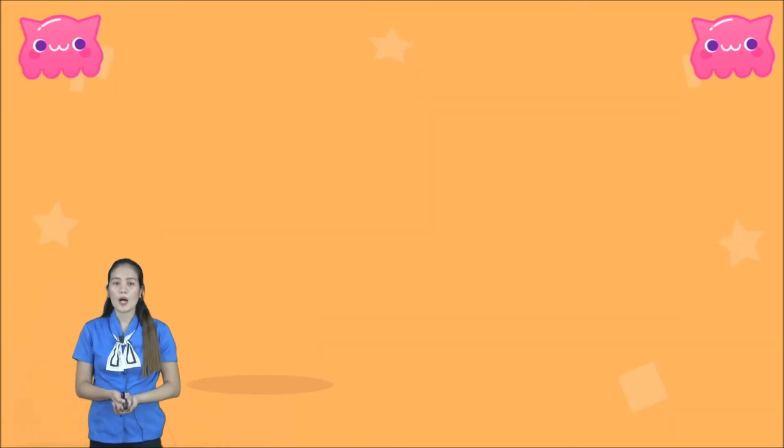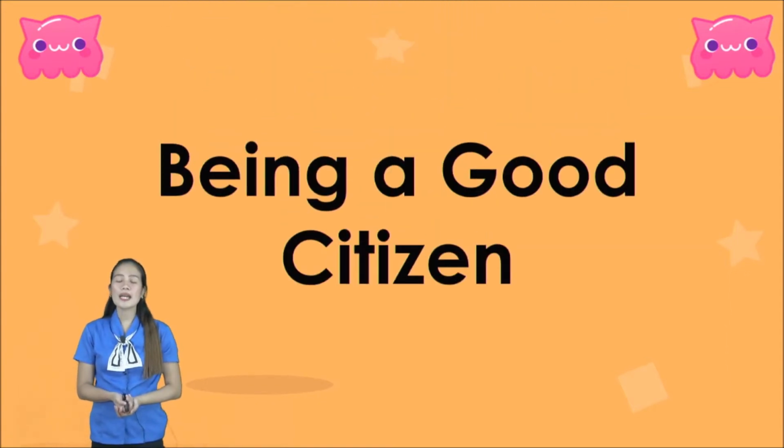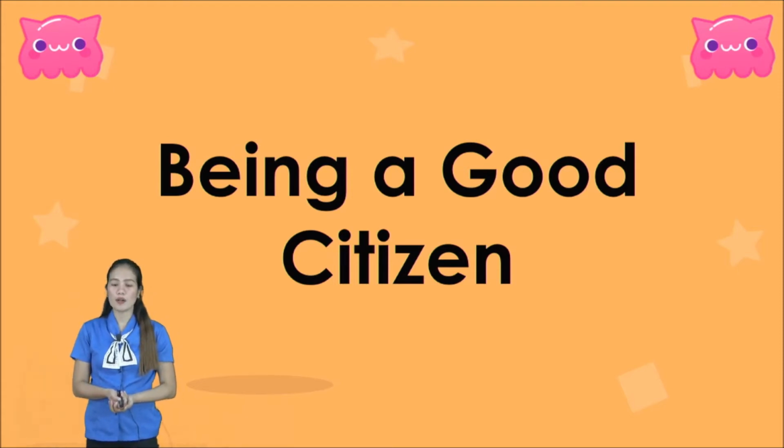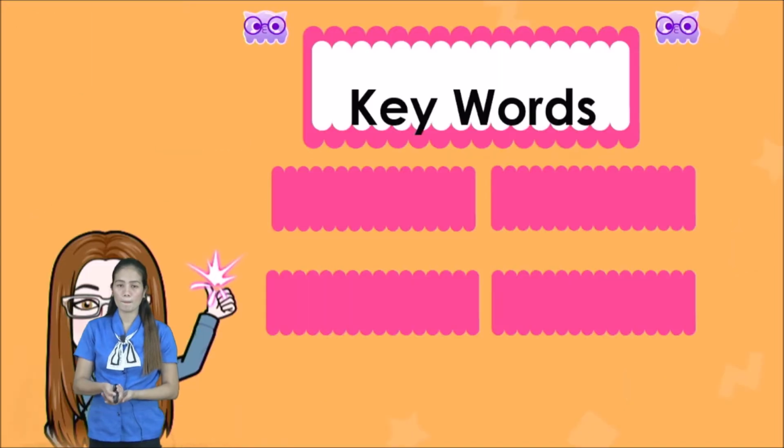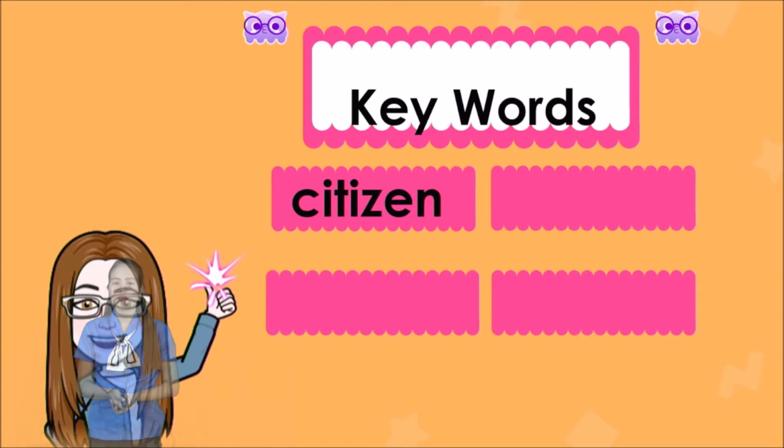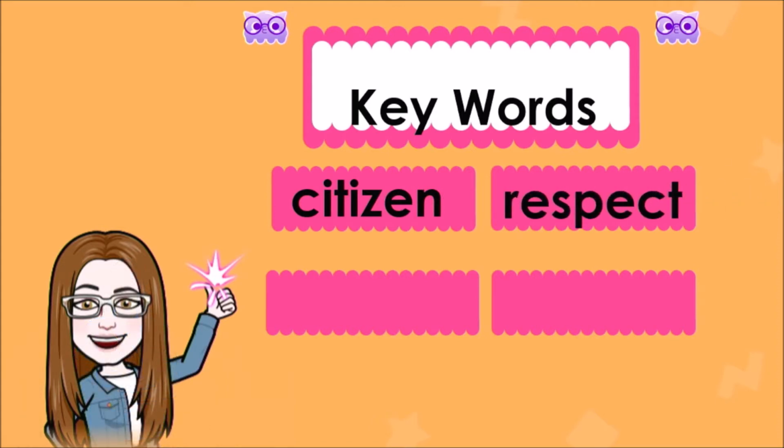Our lesson for this day, in unit 4, lesson 4, is all about being a good citizen. We will talk about the keywords. The first one, citizen. Next one, respect.